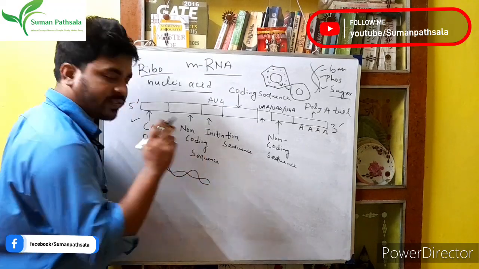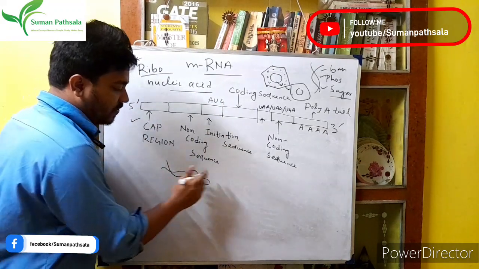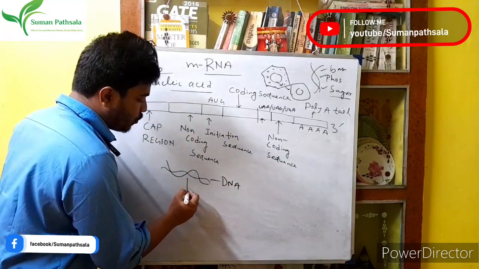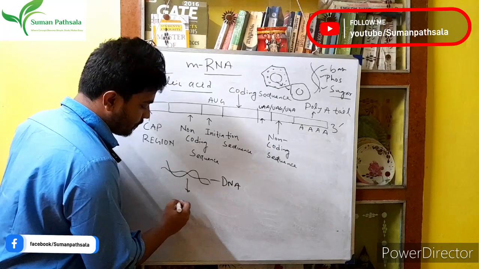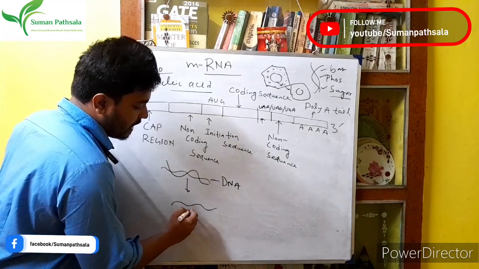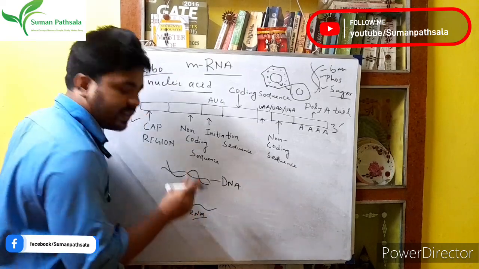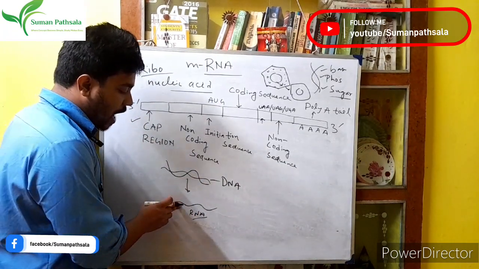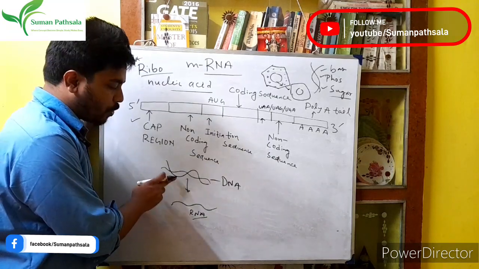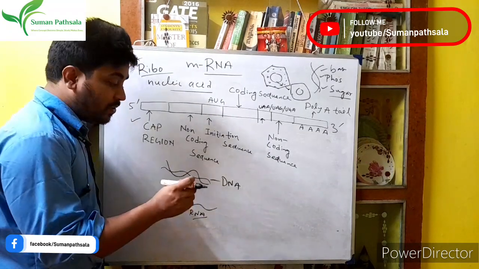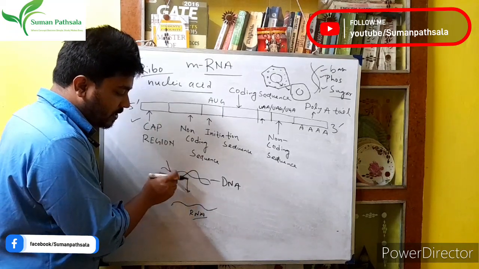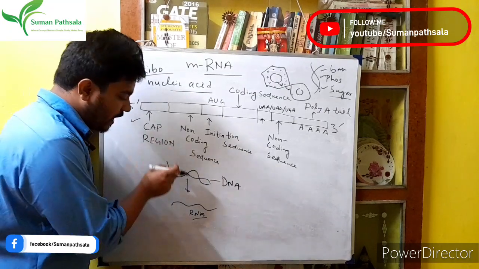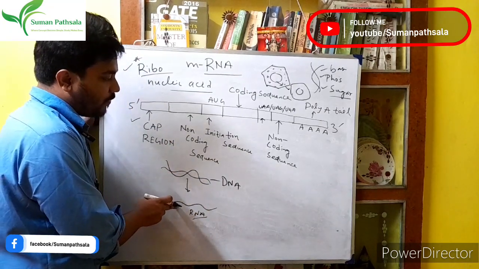I will say shortly how it is formed. From the DNA, we have to produce the RNA. We all know RNA is single stranded, right? So how is a single strand formed from a double strand? That means we have to remove the other strand in the case of DNA. So here the RNA is formed.